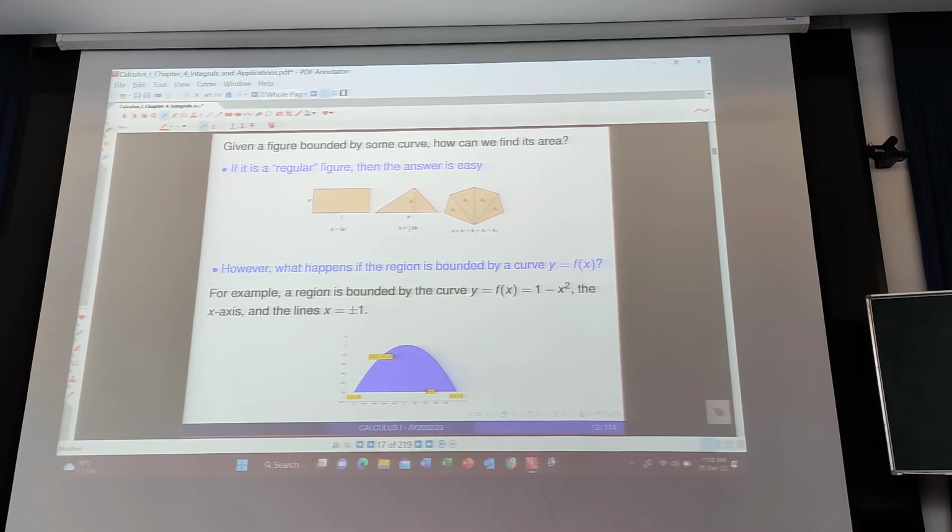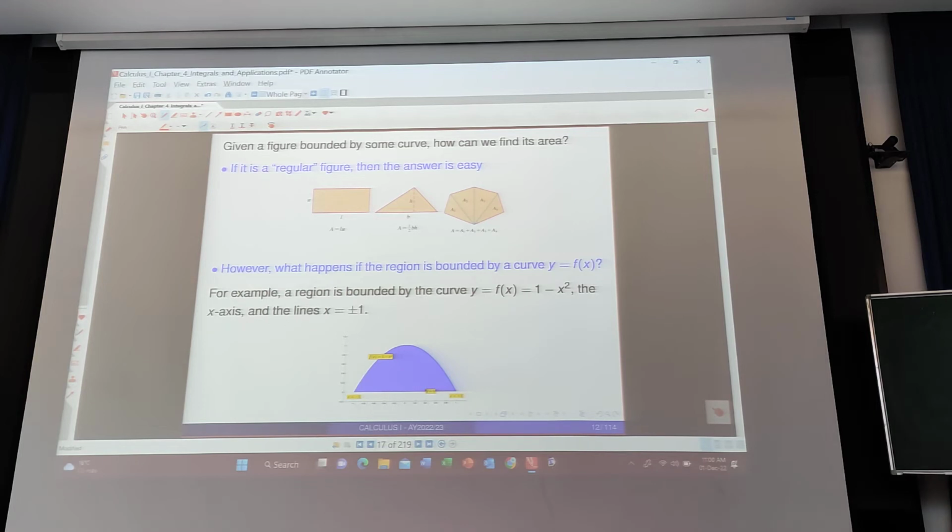you are given a curve 1 minus x squared, and you are asked to look at the figure or region bounded by this curve, the x-axis and the lines x equals plus or minus 1.